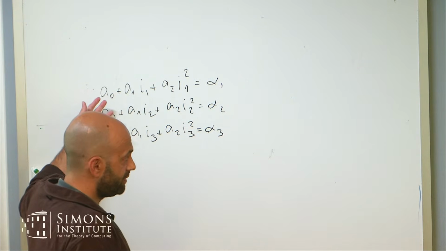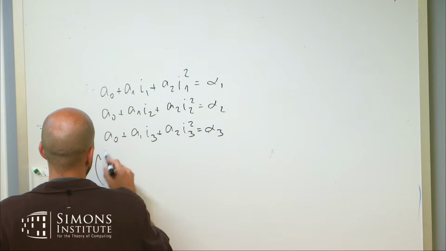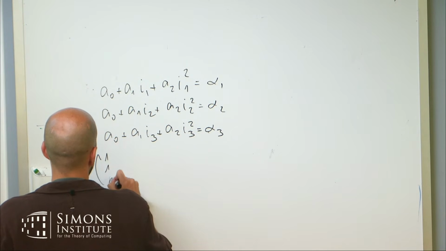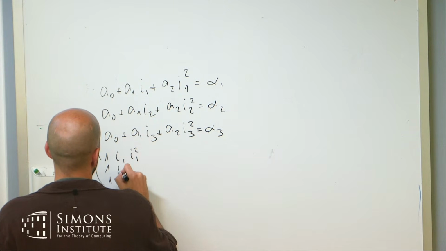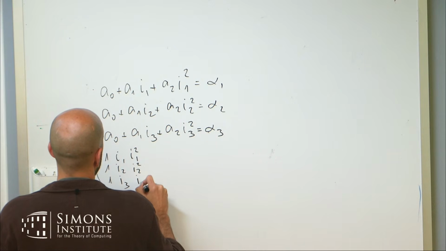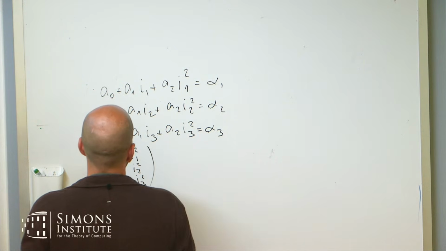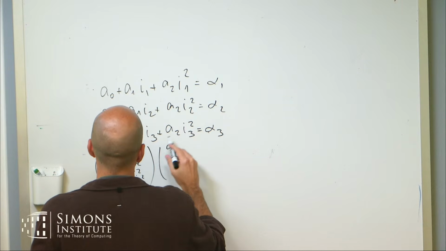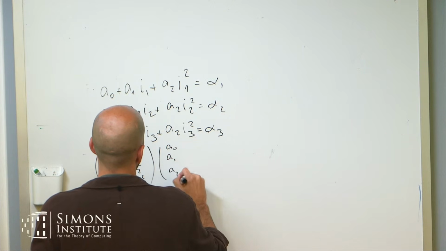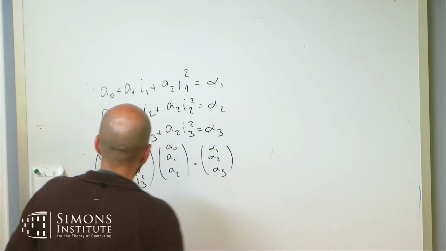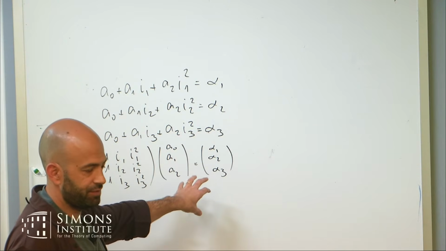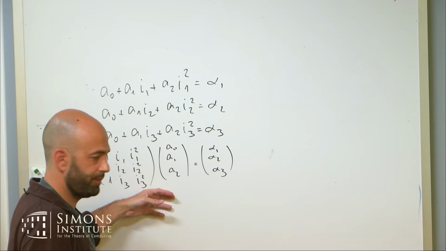And what is it? I can just write it as the matrix with rows 1, i1, i1 squared, and so on, times a0, a1, a2. Now the indices are fixed, alpha is fixed, the probability is over A.